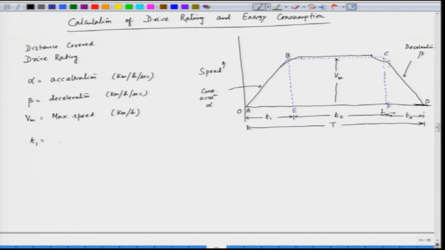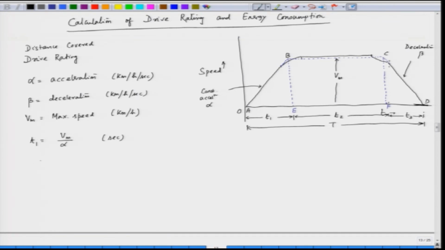T1 is the time for moving from A to B or A to E. In that case this is Vm by alpha and the unit is second. So, T1 is the time to complete the acceleration, which is Vm by alpha in second.